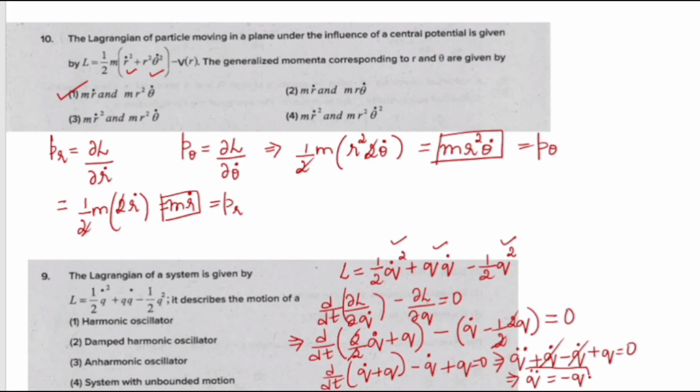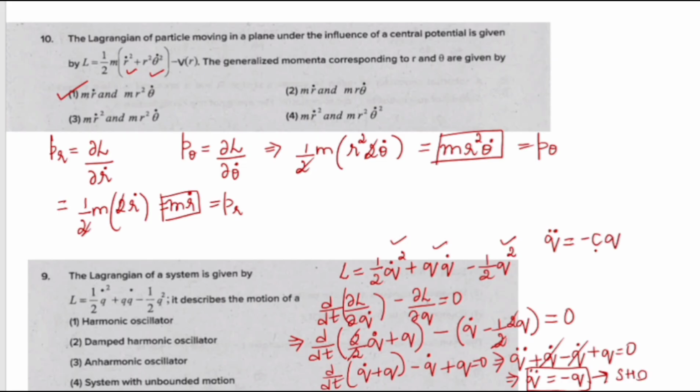In the previous session, I gave the dynamics relating to the equation of motion. So q double dot equals minus q represents a simple harmonic oscillator, where the equation is given by minus C q.